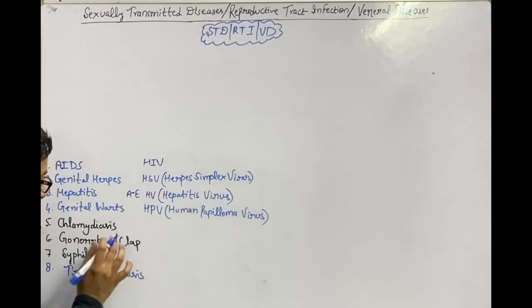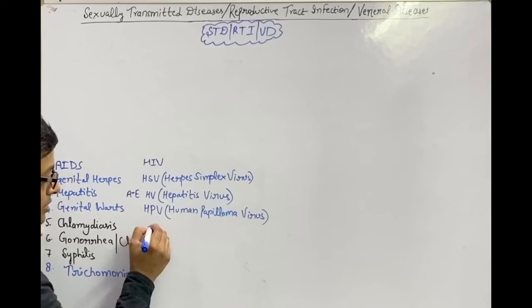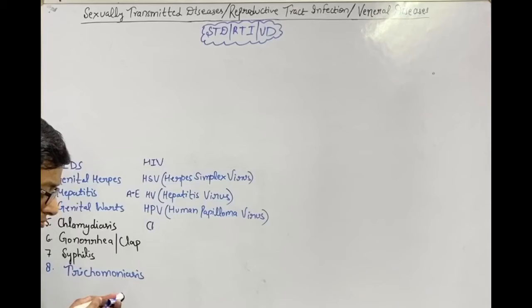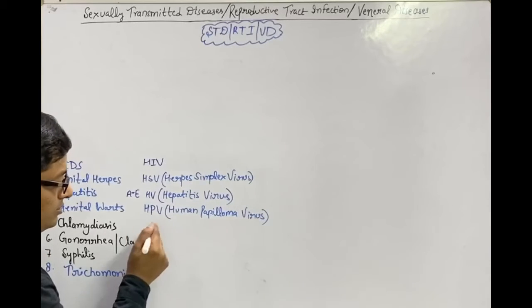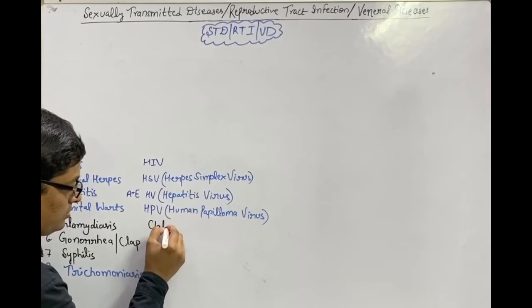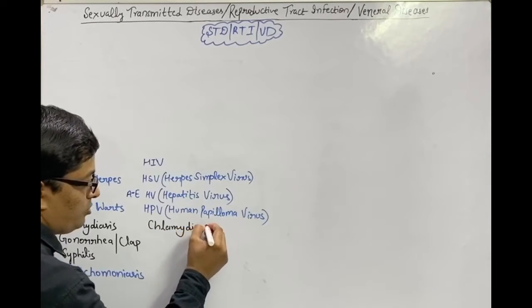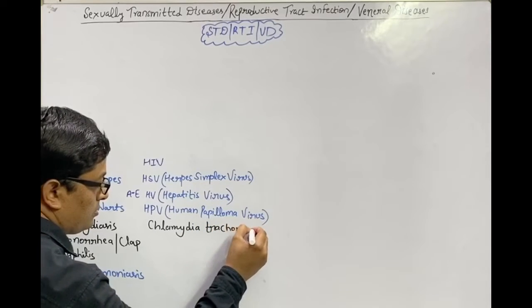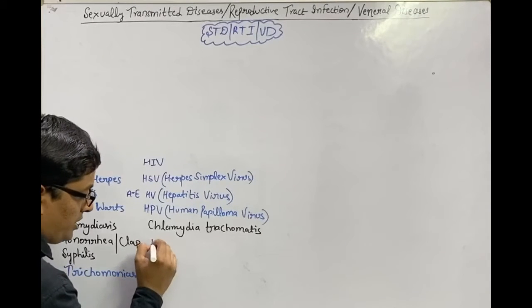Chlamydiasis is a bacterial disease caused by Chlamydia trachomatis. Gonorrhea is caused by Neisseria gonorrhoeae.